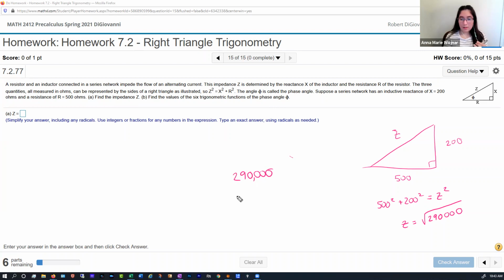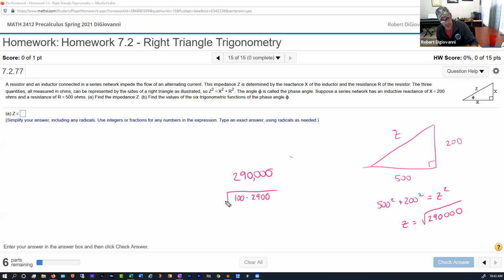Okay, so you might start by saying, how many times is it 100 times 2900 underneath this square root? Does that make sense? Yes, sir. And then you could pull the 100 out as a 10. And then you can try it again. Does 100 go in there again? Yes. It does.